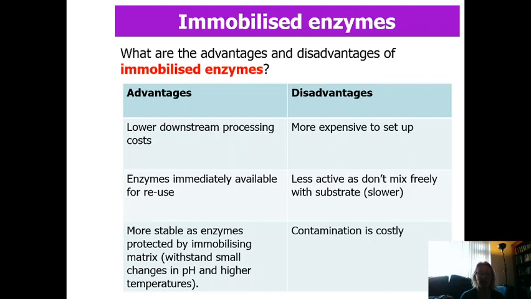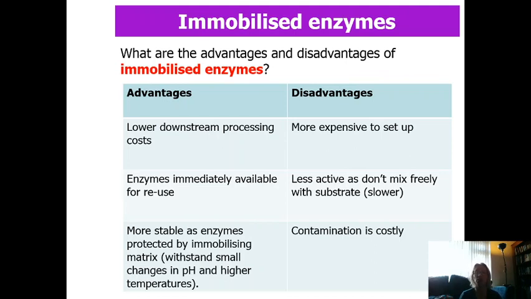And the enzymes are actually a lot more stable, so it means that they can do those processes at slightly higher temperatures because when they're immobilised in place, it protects the active site and it'll stop that active site from changing shape. So you can get away with it being slightly higher temperatures, and if you get slight changes in pH, so sometimes with the products that are formed you get pH changes, but a slight change in the pH won't actually affect the tertiary structure of that enzyme, so it will continue to function.